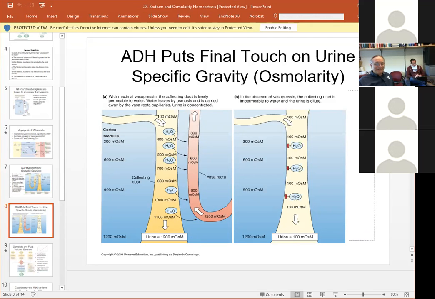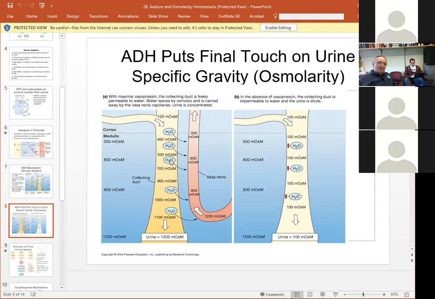Let me say that again. The water is high in concentration and the salt low, coming into the collecting duct. And so water flows down its concentration gradient, i.e. by osmosis, water leaves the collecting duct and goes out into the interstitium because it's more salty out there. It draws the water out. The water flows down its concentration gradient, if you will. A better way to say it is activity gradient.